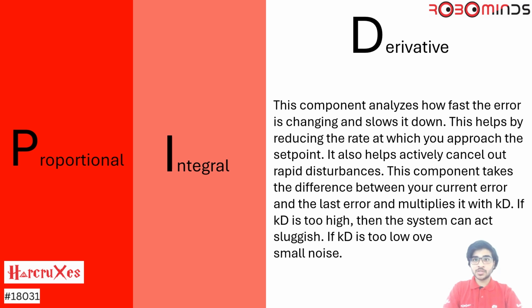So it slows down the velocity of approach, meaning that you can slow down when you reach the target position. It also helps cancel out disturbances and noise, especially rapid ones. So if there's a jerk to the motor, the derivative can act to cancel it out quickly so that the system isn't affected much. I will now move on to a PID simulator to show how these three values can be tuned.